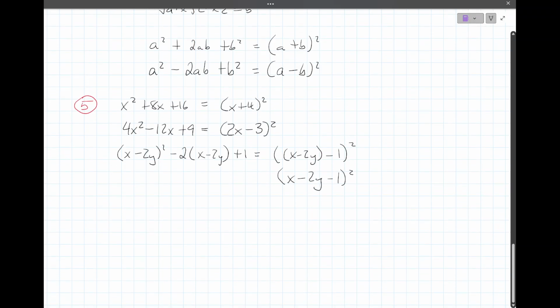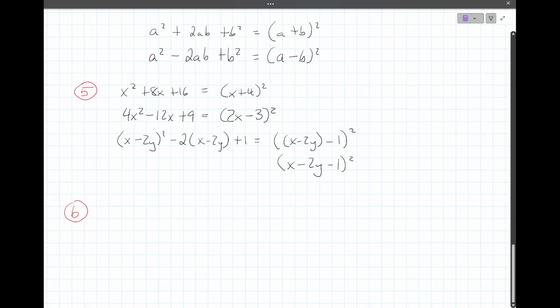Good. Let's do the last thing. And this is just, hey, what's going to make this a perfect square? So x squared plus 6x plus k. I want to make this a perfect square.